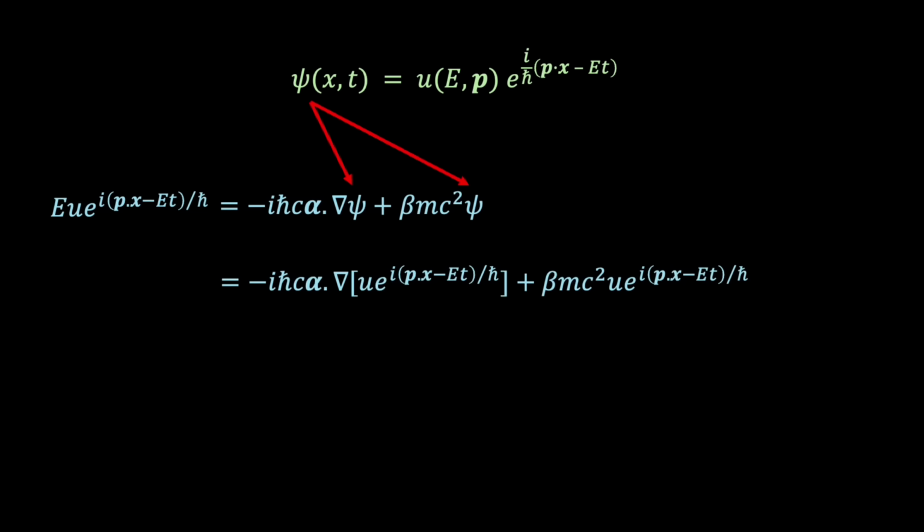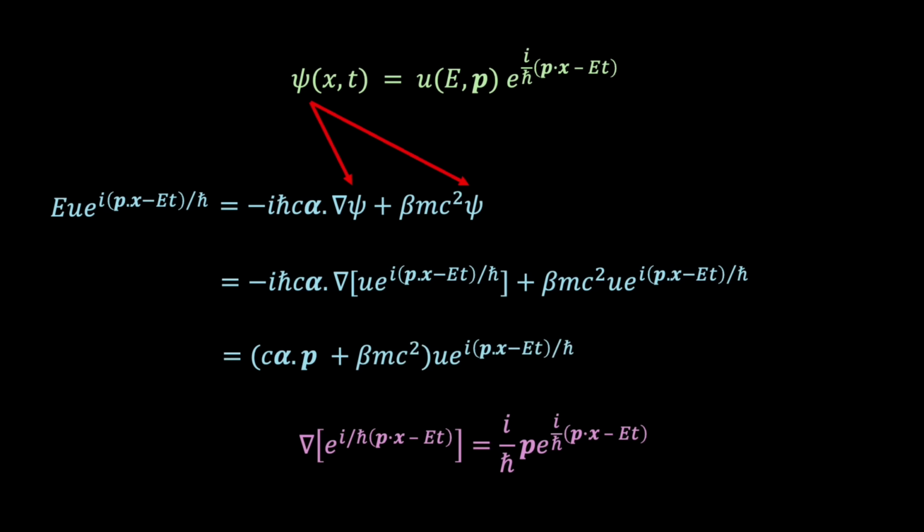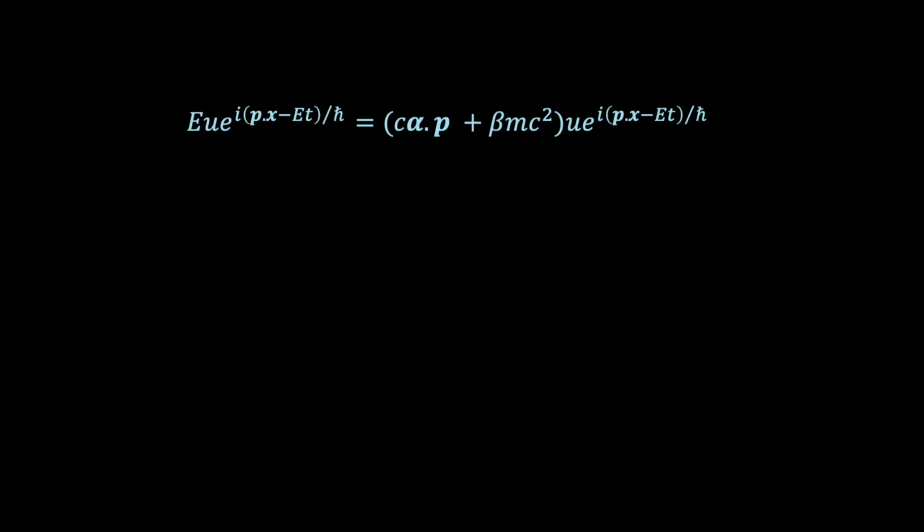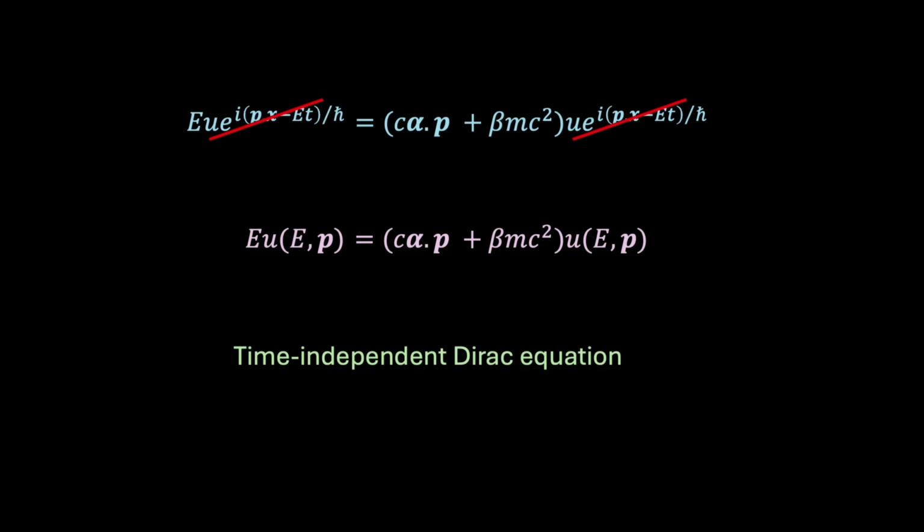To evaluate the first term, we note that acting on the exponential term with the gradient operator pulls out a factor of momentum. If we then apply this to the right-hand side expression and recall that the spinor u does not depend on space, and therefore acts as a constant, we find the following compact expression. Next, we can cancel the exponential factor from both sides, and then we are left with the following equation. This is known as the time-independent Dirac equation in momentum space.